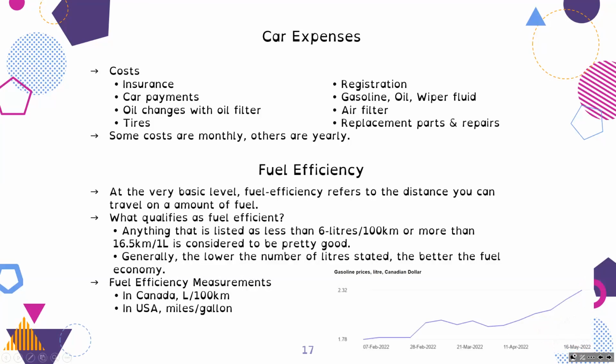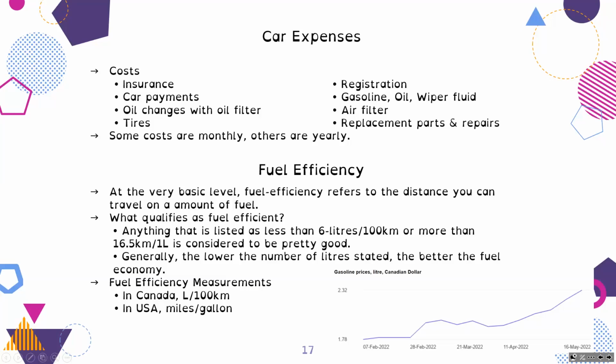Then we talked about fuel efficiency and how this impacts how much gas and how much money you're going to spend on gas. Just basic understanding, fuel efficiency refers to the distance you can travel on an amount of fuel. Anything that is listed as less than 6 liters per 100 kilometers or more than 16.5 kilometers per 1 liter is considered to be pretty good fuel efficiency.